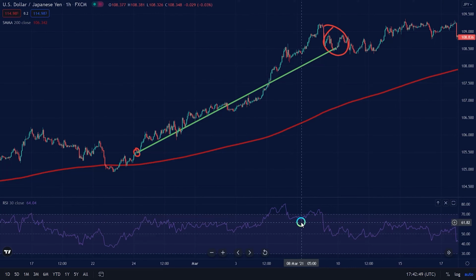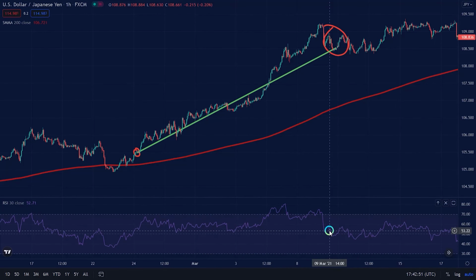And as you can see, it is clear that here the trend is almost over, and we actually have to close the trade because this is the rule exactly here, because here it crossed above 50.